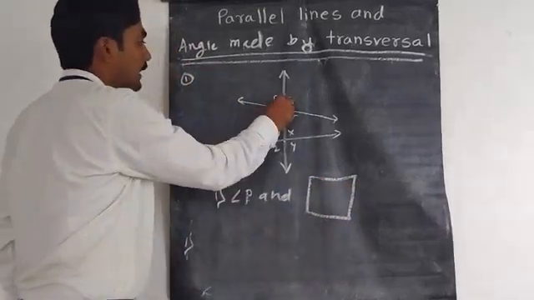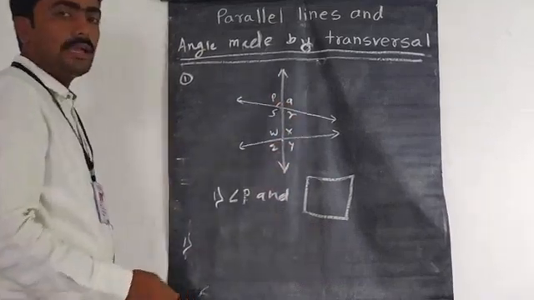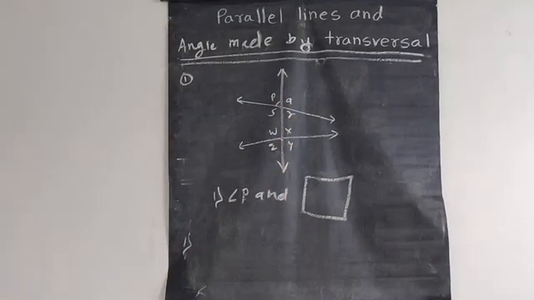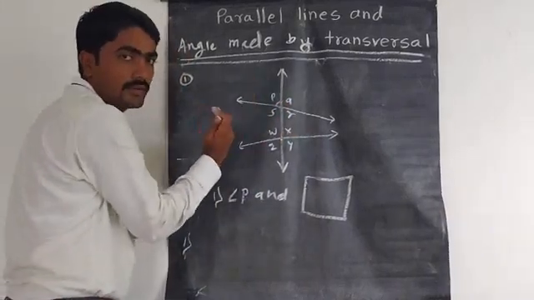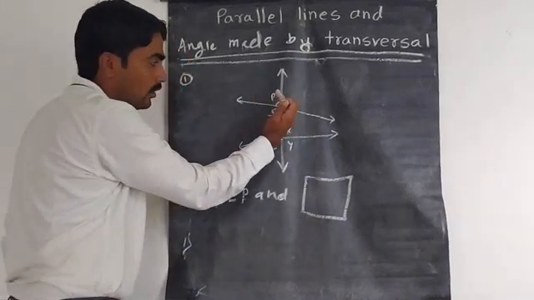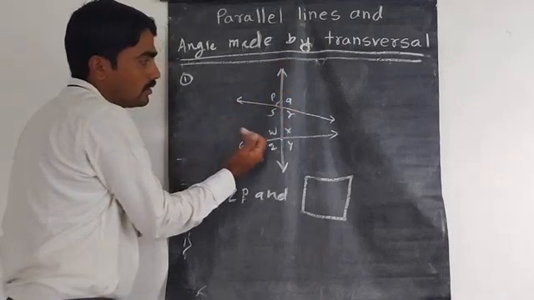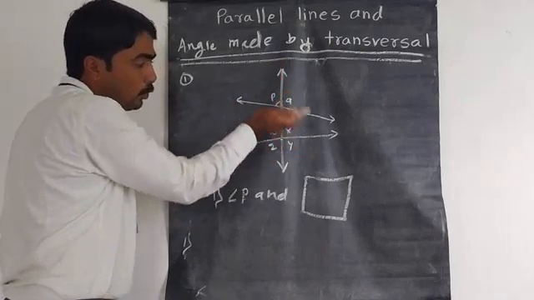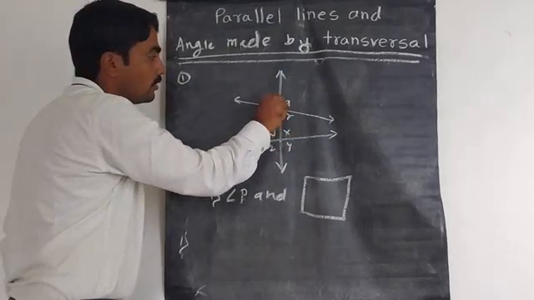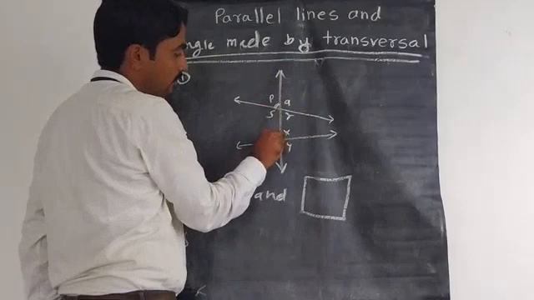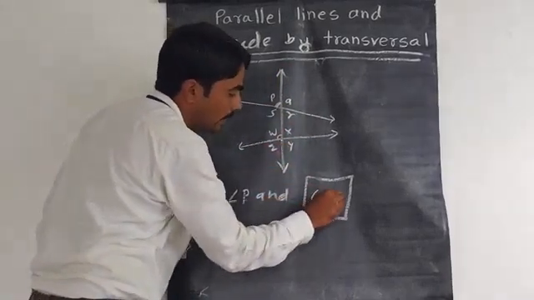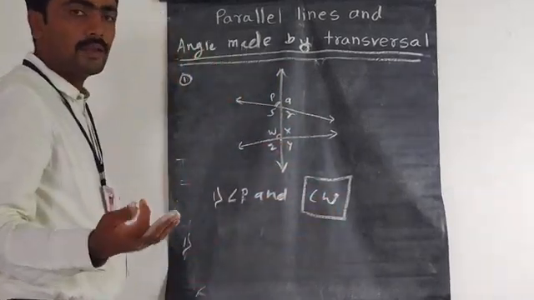See, this is the angle P. It is on the left side of the transversal and above the lines. You have to see the left side only and above the line, that is angle W. Angle W. How easy.